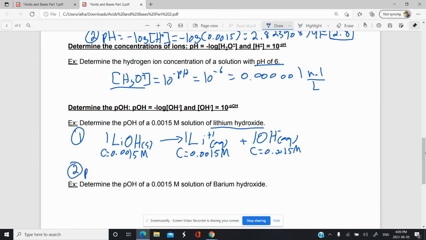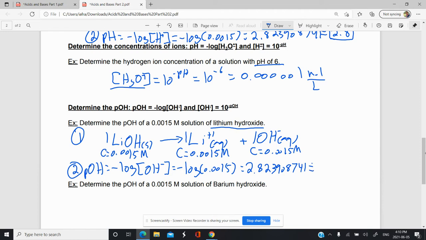So now our pOH is going to be equal to the negative log of the concentration of OH minus, because that's what we're dealing with here, which is negative log of 0.0015, which gives us, so negative log of 0.0015, we get about 2.82390871, which is approximately to 2 sig figs, 2.8.